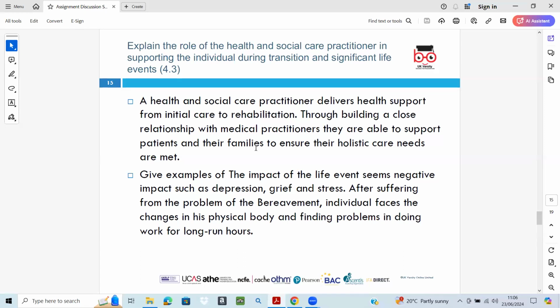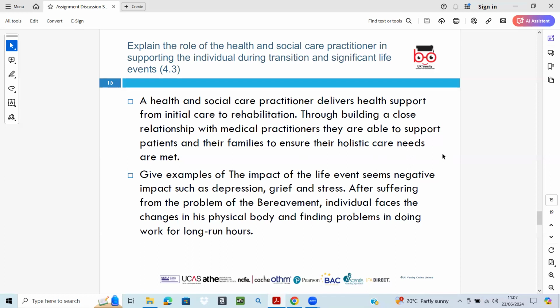They have given an example of the impact of life events that seem negative, such as depression and grief. Here they have given us an example of a relationship with mental health support for parents and their families.